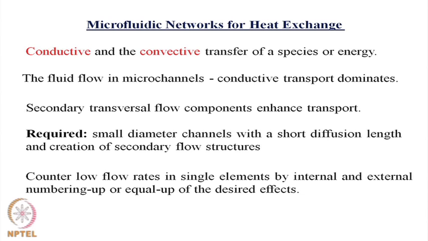Now, the major drawback of some of these processes is that the flow rates are going to be extremely small. If you think of a single element of a microchannel, the amount of liquid it can handle is going to be very small. So even though the diffusion length is small, and therefore you can have very high transport rates between two species or very high heat transfer rate, the small size of the device means that you can handle very small quantities of fluid at a time.